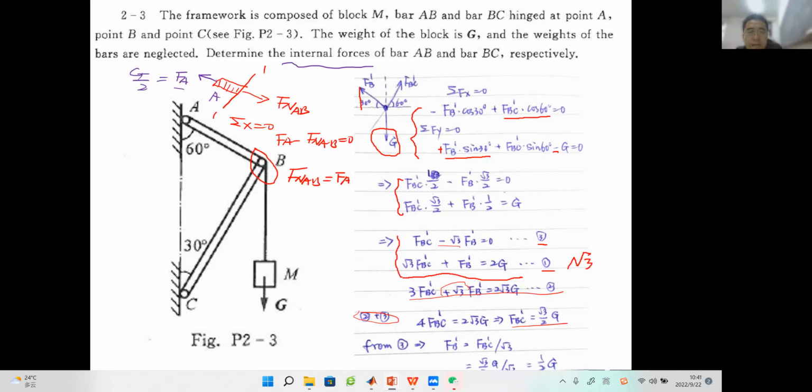We find the magnitude of F_A or F_B or F_B prime. Actually, our other things are done, right? We can just give the result. The internal force of bar AB equals F_B prime, and bar BC is F_BC prime, right? That's the whole reason why we do it this way.